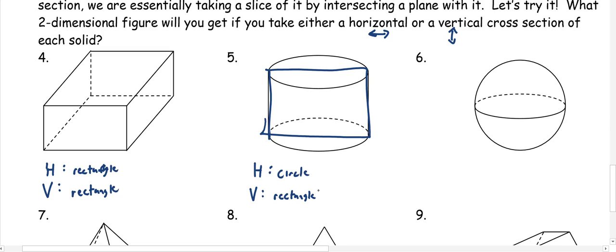If I cut it horizontally, like we can see with this cross section here, that's creating a circle. If I do it vertically, think about cutting a ball in half, it's still going to be a circle. So both of these cross sections are circles.